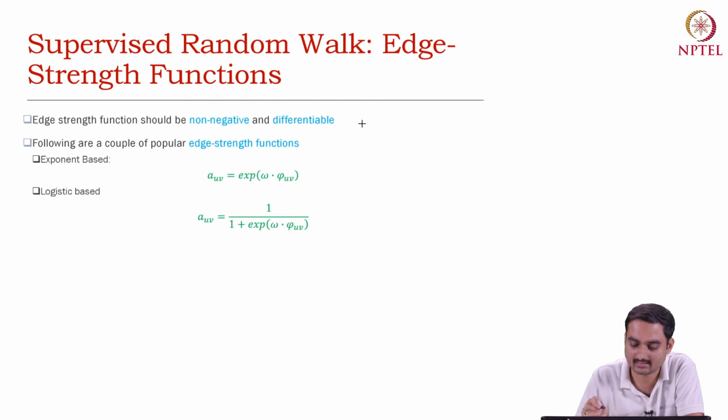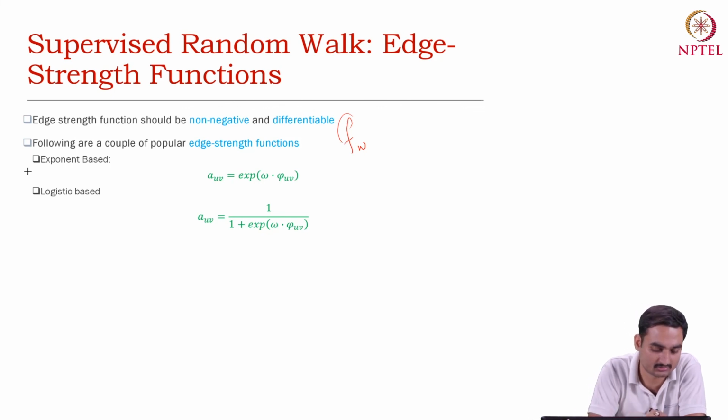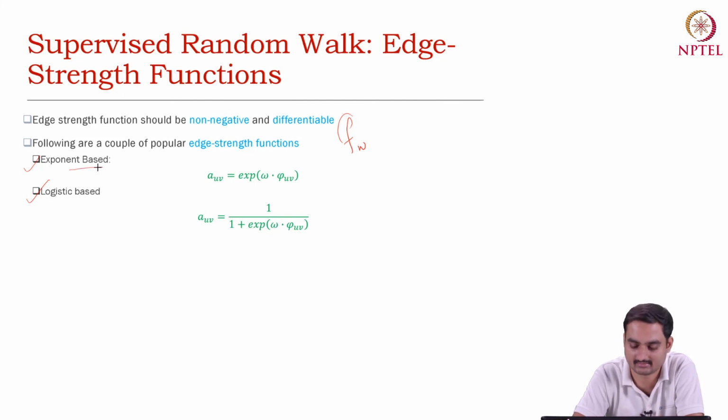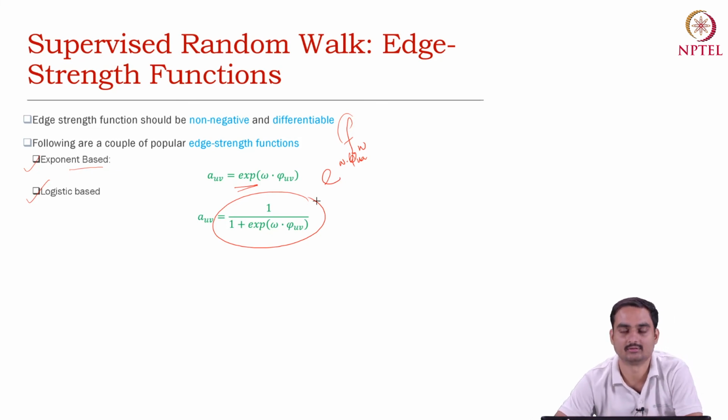The other one which was missing is this f(w). How does this f function look like? In their paper they used two types of functions. One is this exponent based function, where it is simply e to the power w times phi(uv). Or you can take some sort of logistic function, 1 by 1 plus e to the power this one.